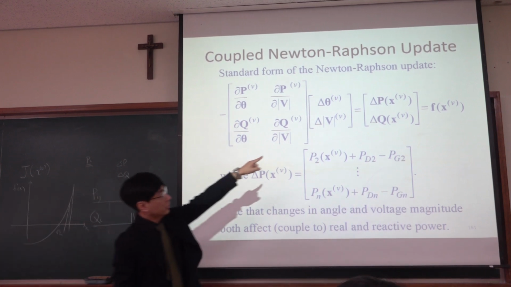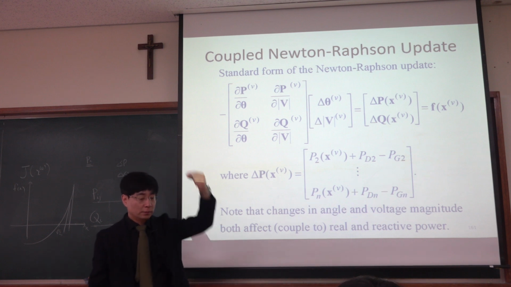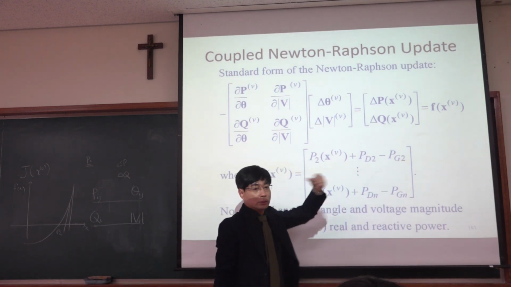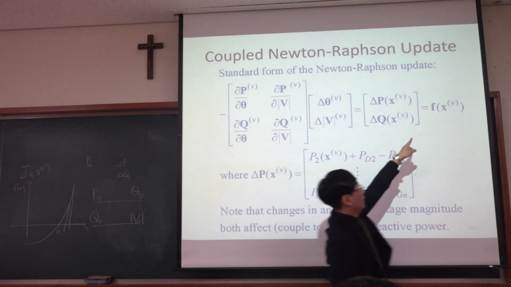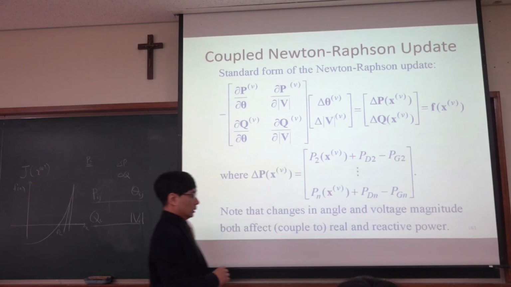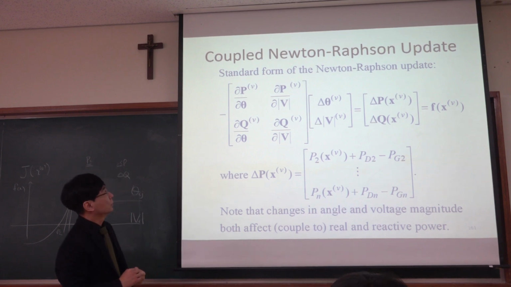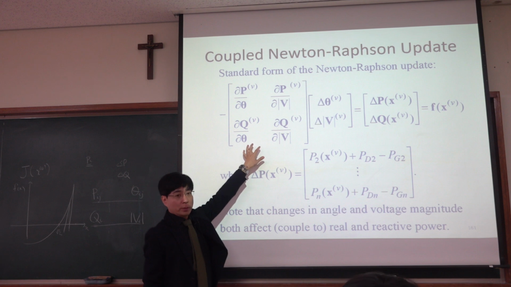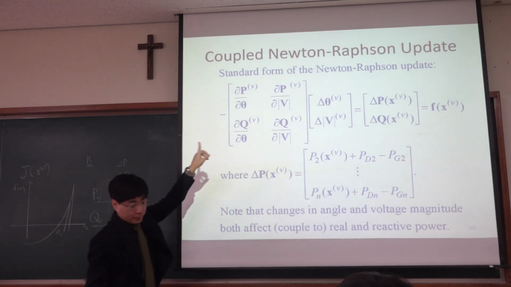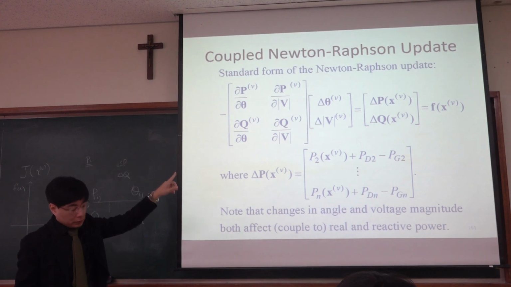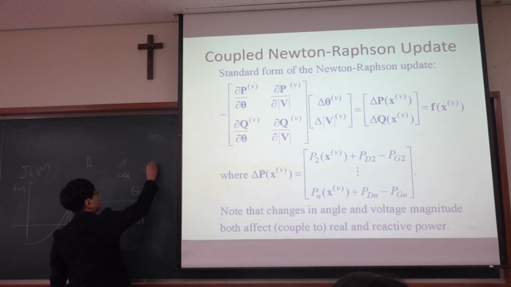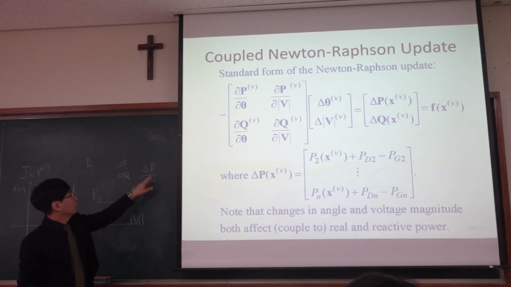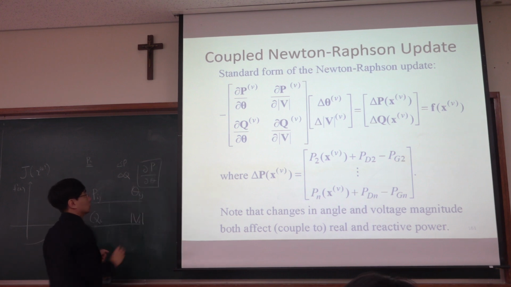But here, delta P is a vector function of all the active power, and delta Q is also a vector function of reactive power for all nodes. So our f of x consists of those two. This is the Jacobian matrix, the gradient of our original function, where P and Q are vector functions. If P is a scalar, this is just the gradient, but if P is a vector, it is a Jacobian matrix.